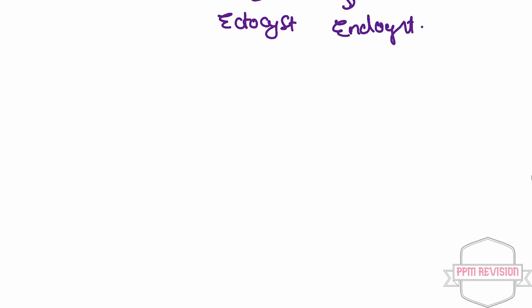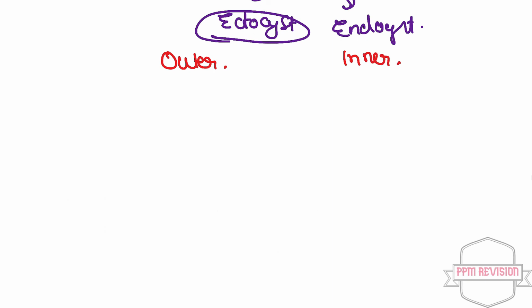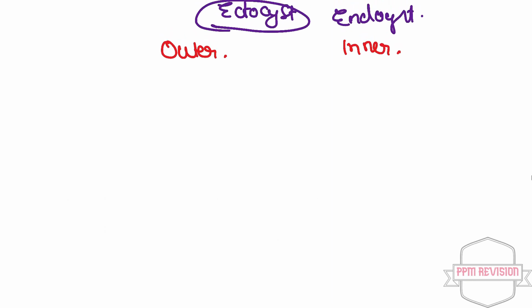The ectocyst is the outer layer, and the endocyst is the inner layer. One is about 1 mm in thickness, and the other one is about 25 micrometer in thickness.